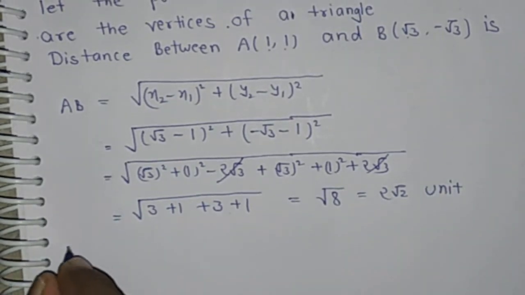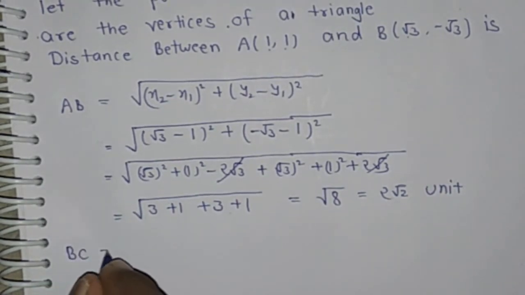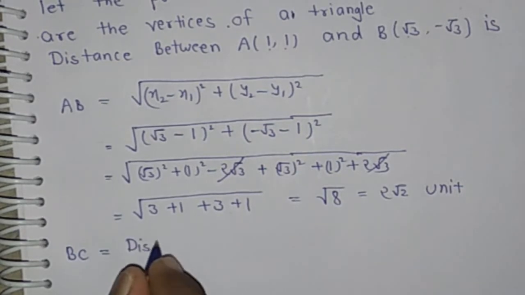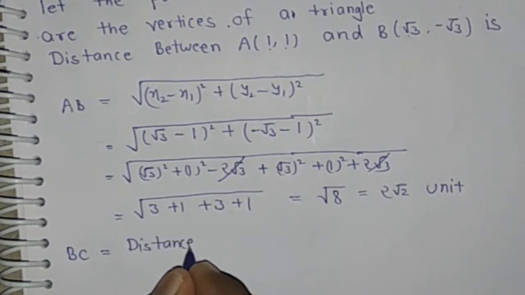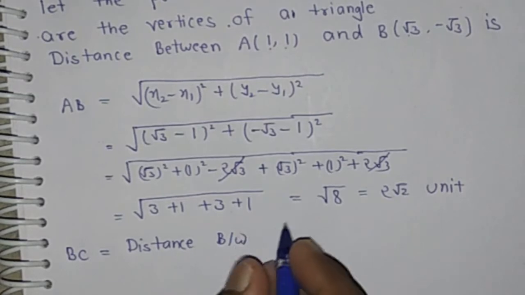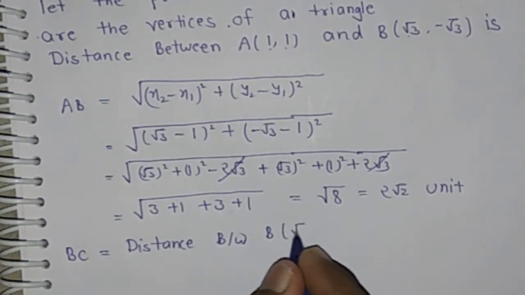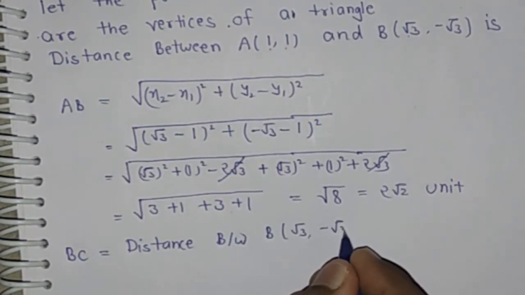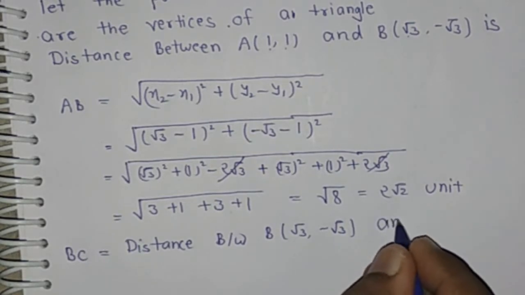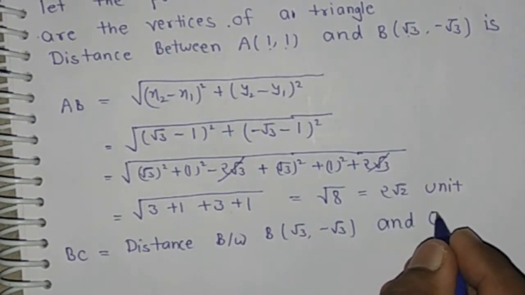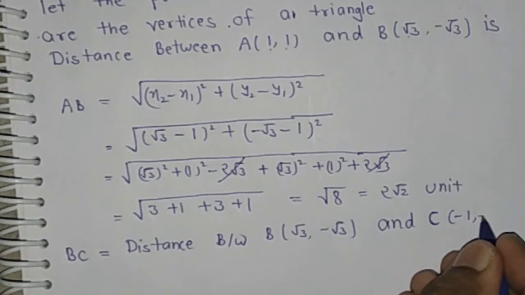Now find BC, the distance between B (root 3, minus root 3) and C (minus 1, minus 1).